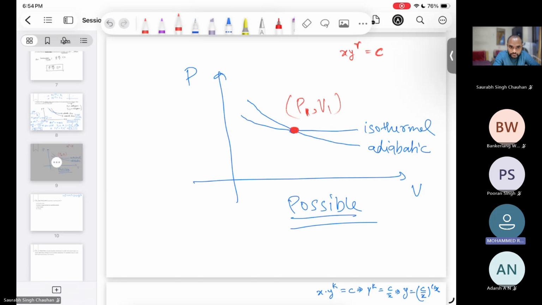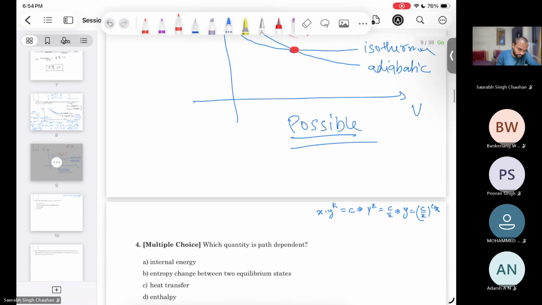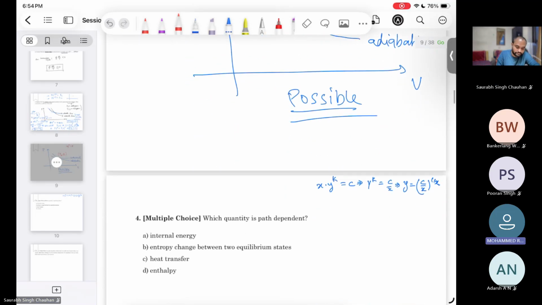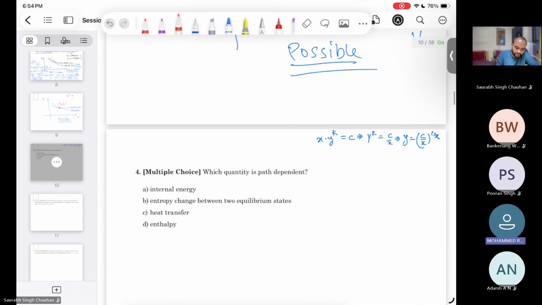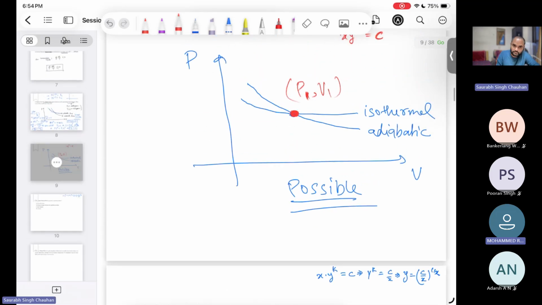Instead of doing this, we are taking the help of mathematics. Two adiabatic curves will not intersect.